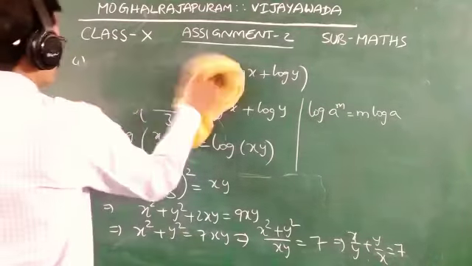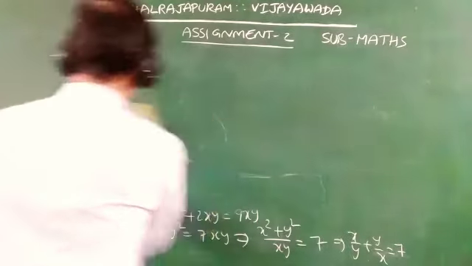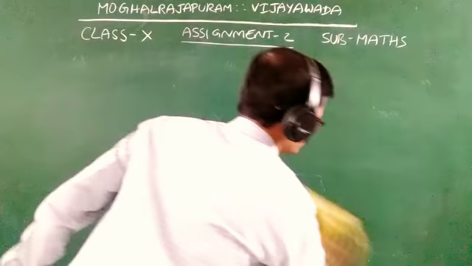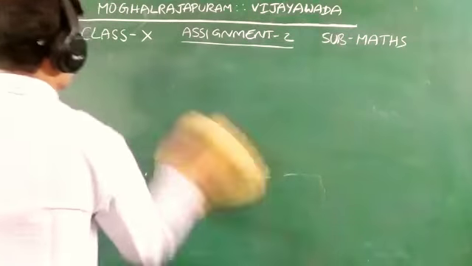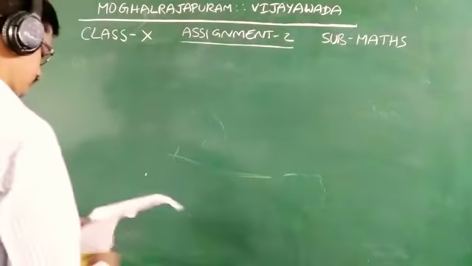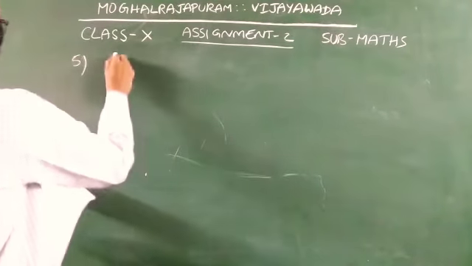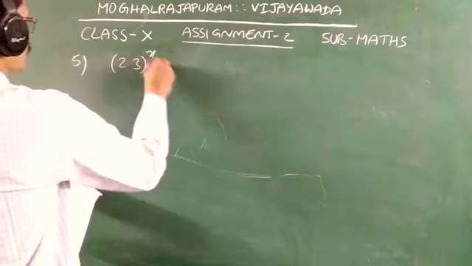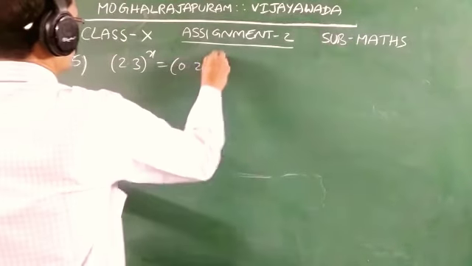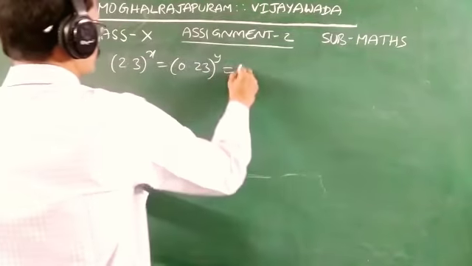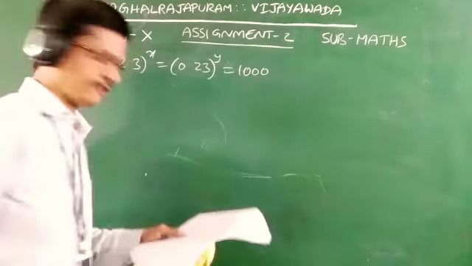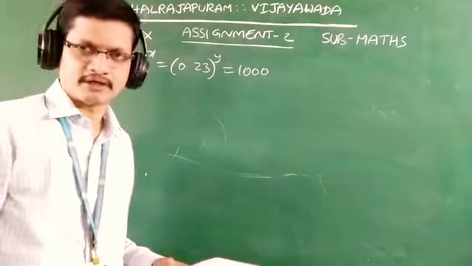Right, look into the fifth one. 2.3 whole power x is equal to 0.23 whole power y is equal to 1000. Then find the value of 1 by x minus 1 by y.